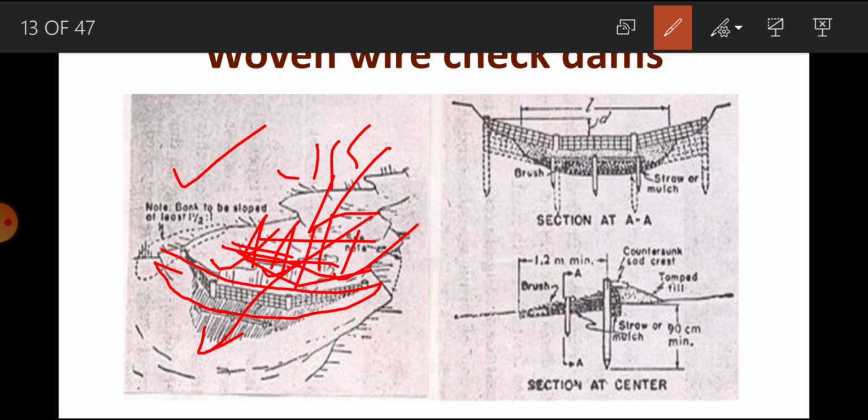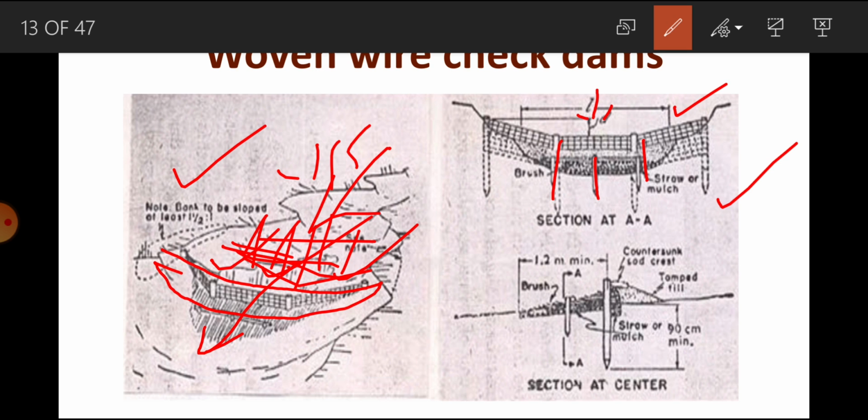If you see this, this is the isometric, this is the cross sectional view. You can see this is the woven wire, and yes, all the woven wire is packed. Because you have to keep the center low compared to the sides, we have to put some pegs for maintaining the slopes, or to hold this woven wire in the gully.